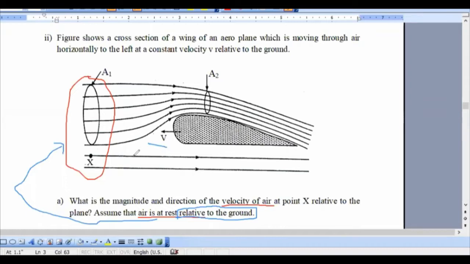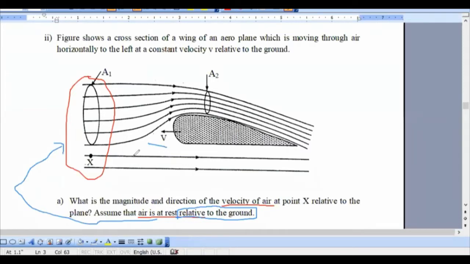When you travel in a vehicle, if you look at the buildings and trees, you may observe that the trees are coming towards you. Are the trees actually moving? No, sir, trees are not actually moving.